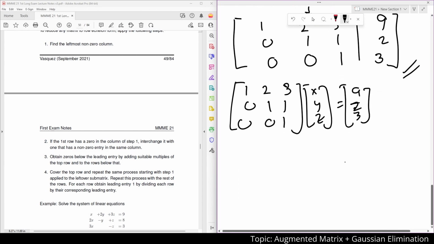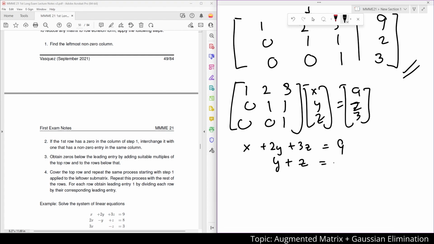Then, if we apply yung multiplication natin, malaman natin, X plus 2Y plus 3Z equal to 9. Y plus Z is equal to 2. And we have Z is equal to 3.